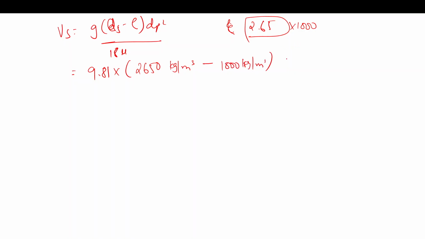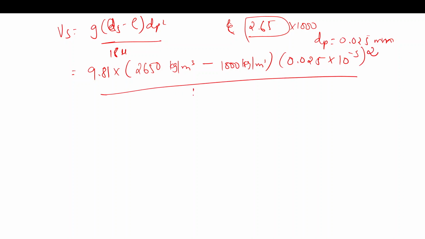And now dp is given to you as 0.025 mm. So 0.025, converted to meter, is times 10 to the power minus 3, squared, divided by 18. Mu is 0.001. Now if you solve this to get Vs, it will be in meter per second.